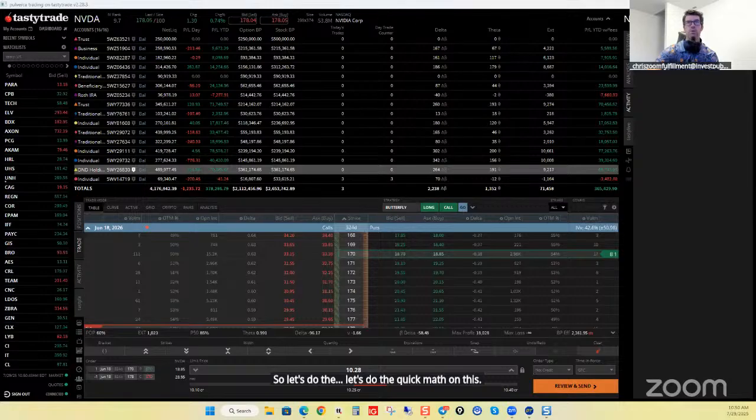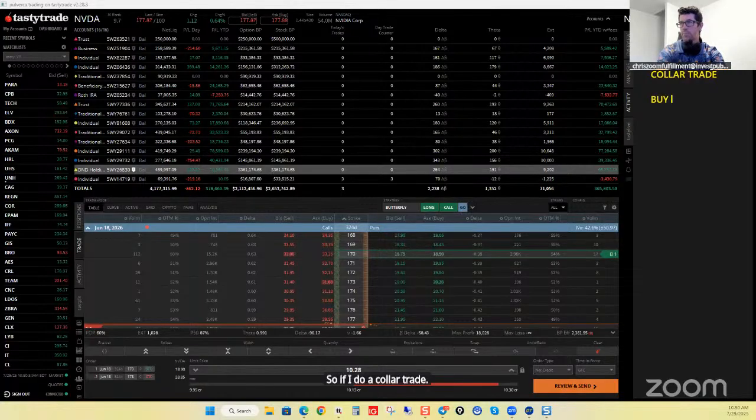If I do a collar trade, okay, this is just an example. I buy 100 shares at $178, the current price of the stock, or 177.92. So I buy the shares at 178, I sell the 178 call, and then I buy the 170 put.